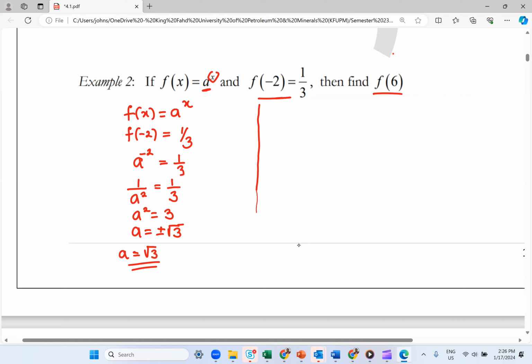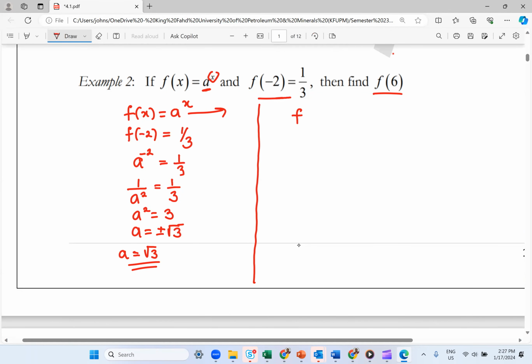Now, to find f of 6, you just need to go into the function and replace. We know what a is now. A is root 3. Remember, f of x is what? We can write our f of x now since we know a. F of x is now root 3 all to power x.